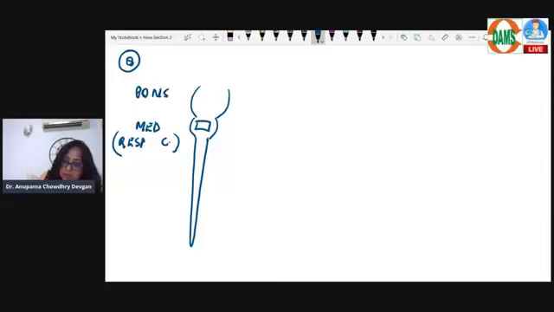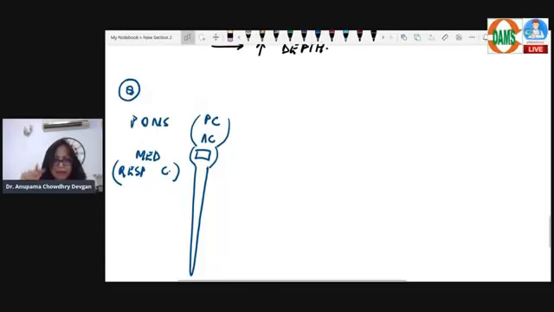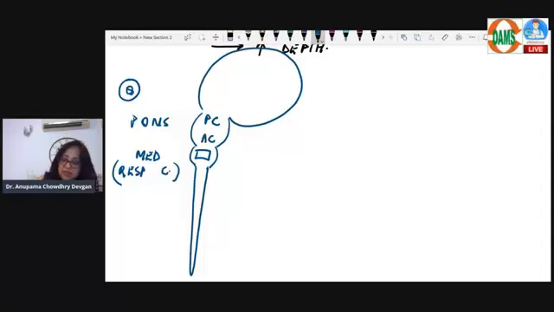In the lower pons, you've got the apneustic center, and the pneumotaxic center in the upper pons, right? Then, of course, there's a midbrain, but I'm not showing it, because midbrain does not control respiration. And here you have the cortex, limbic system, right? This is a very diagrammatic representation.